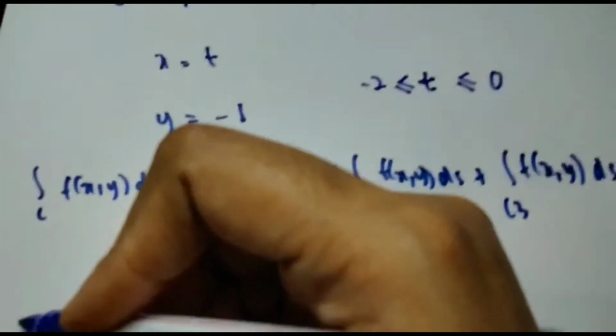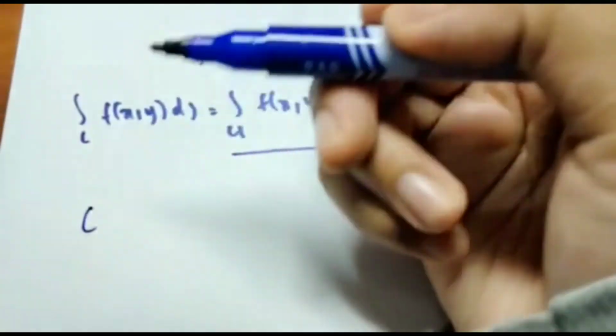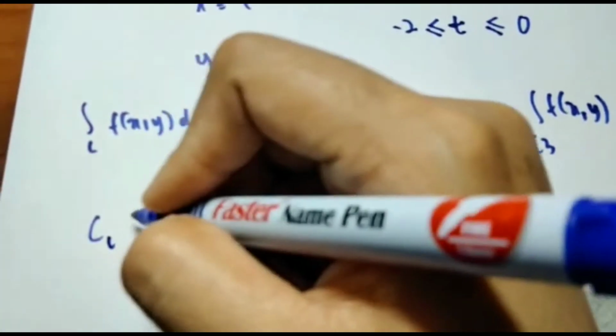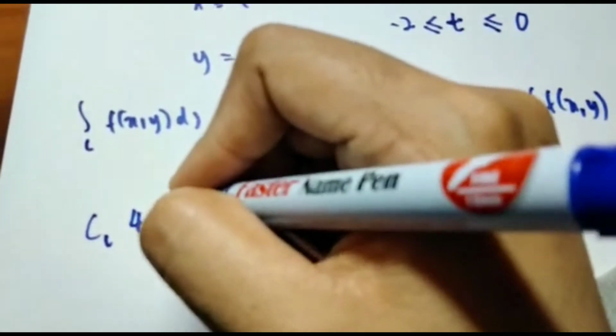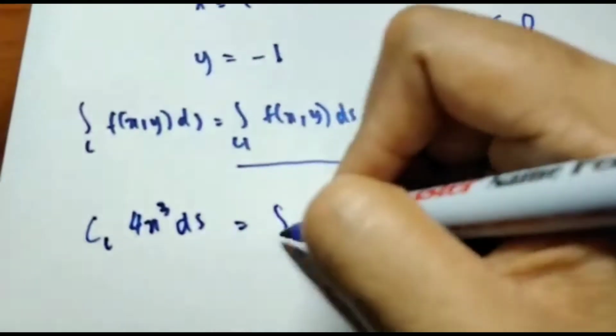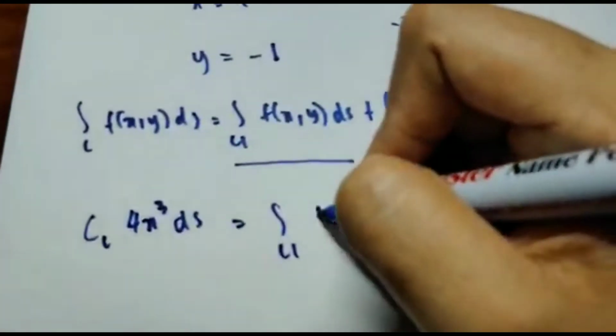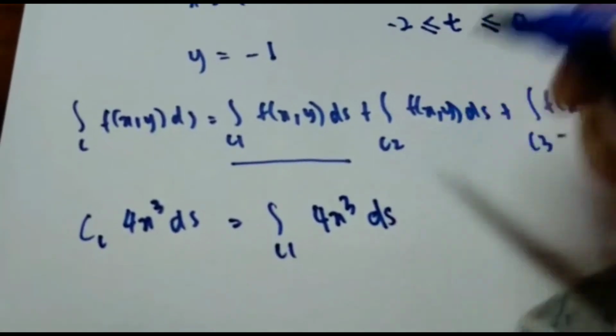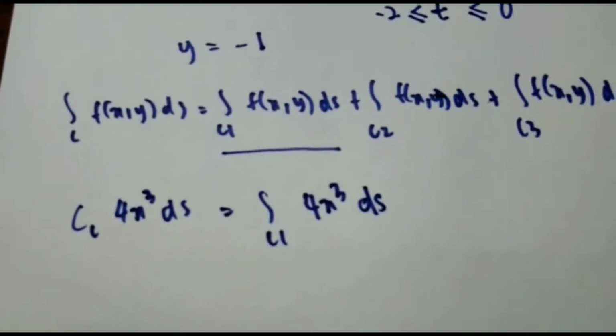So for C1, the integral of 4x cubed ds over C1.